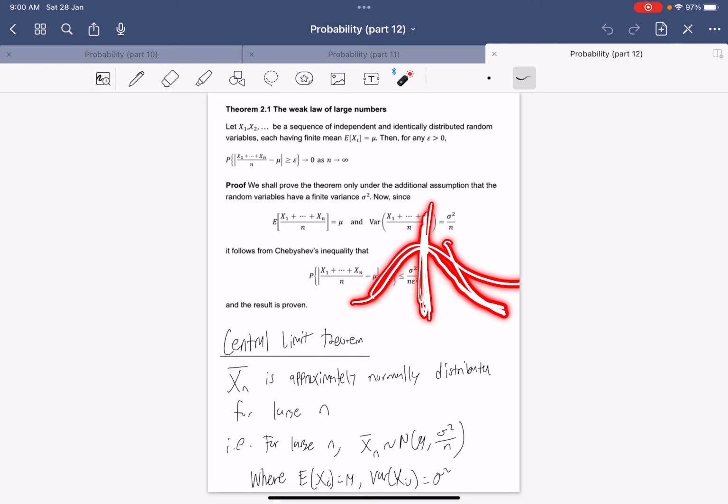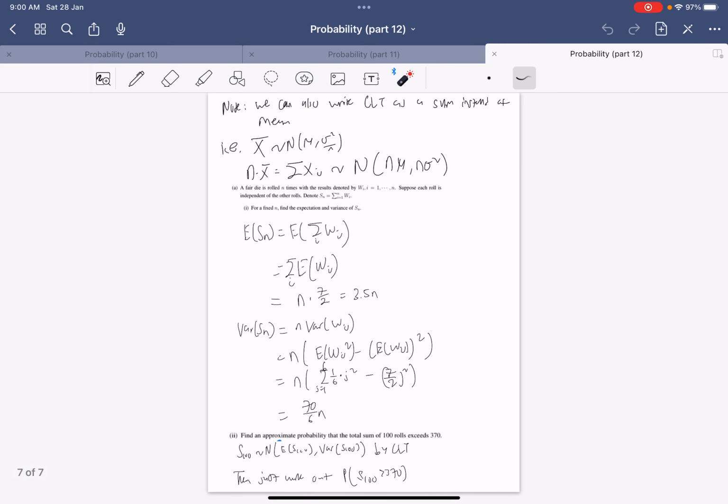So it's really bell shaped, almost normally distributed, when you take the mean of every sample. We can also write the central limit theorem as a sum instead of a mean, because the sum is just the mean times n, and n is constant. So it now follows a normal distribution with mean n mu and variance n sigma squared. I hope that's clear.